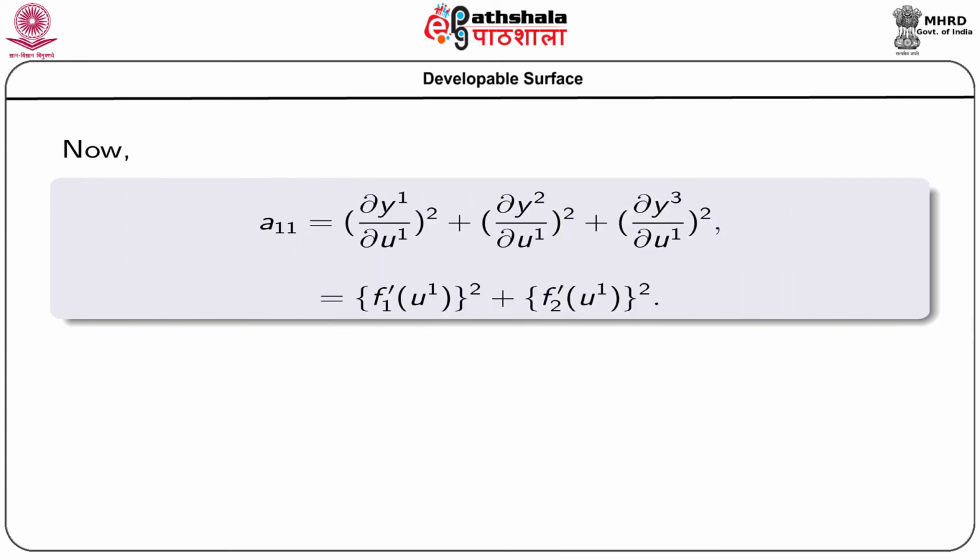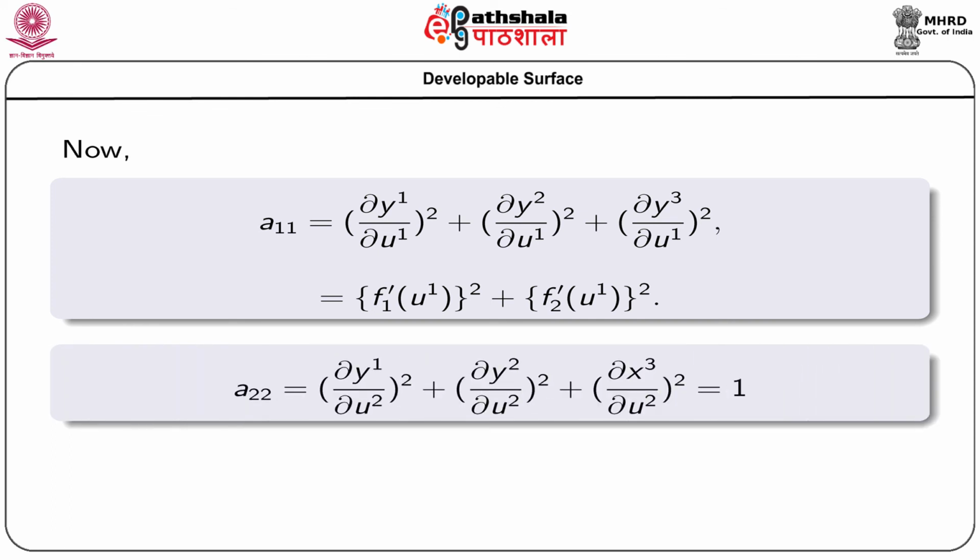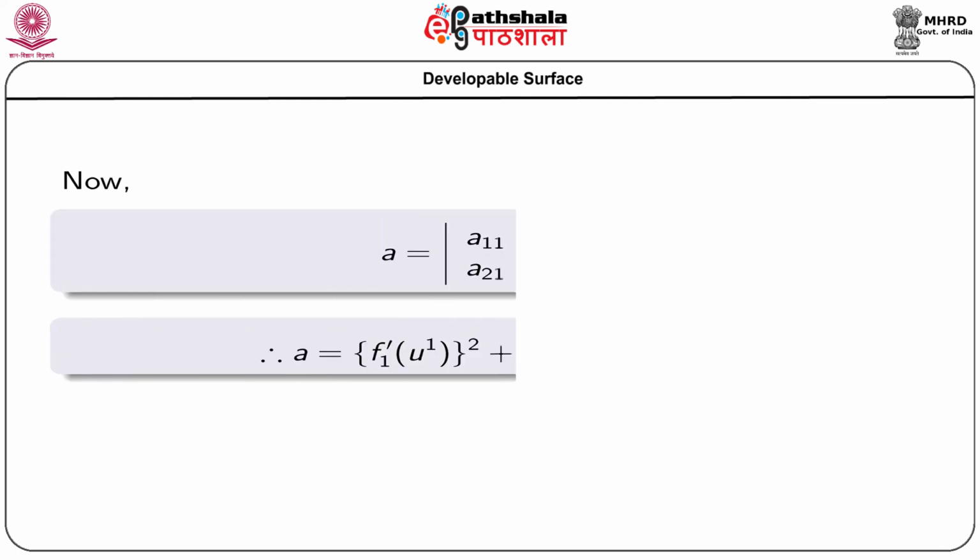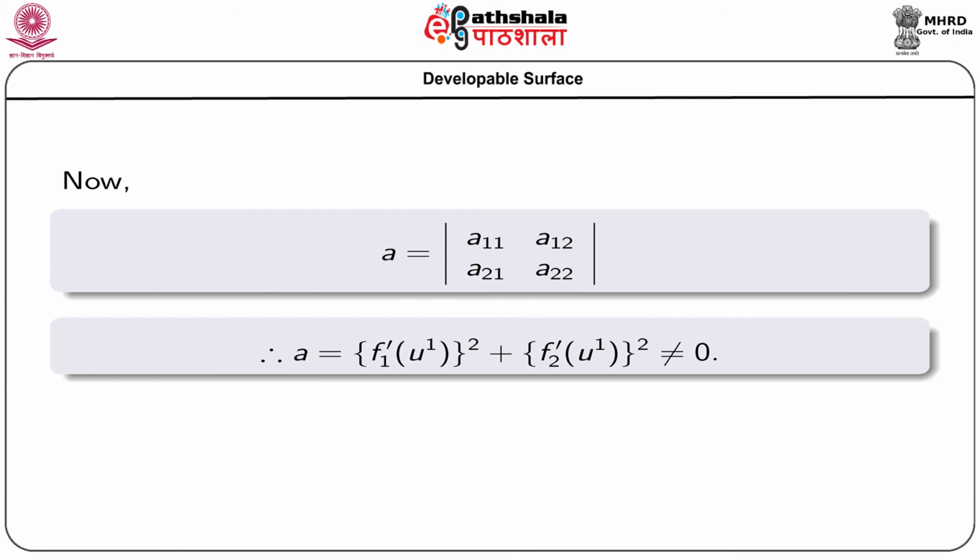If we find a11, this is coming to this expression. And if we find a22, it is coming equal to 1. So, if we calculate the value of a, that is the determinant of a_{alpha beta}, we are getting this expression, where f dash denotes the derivative of the function with respect to u1.